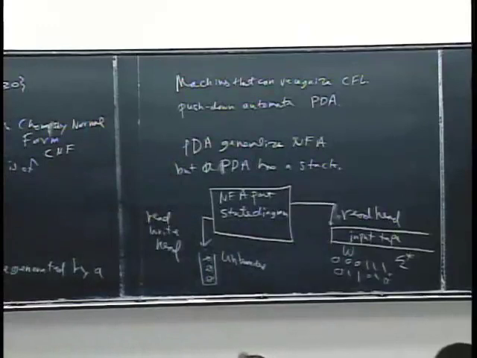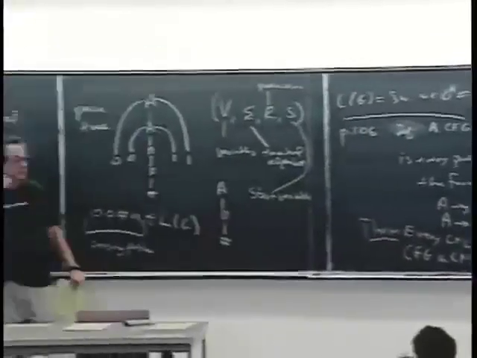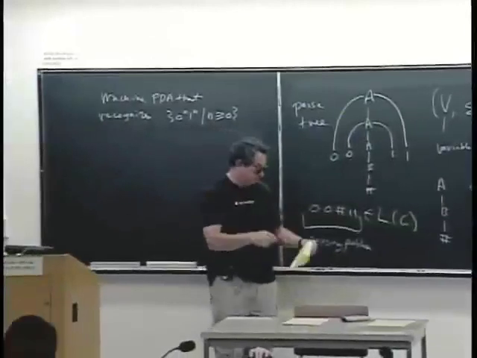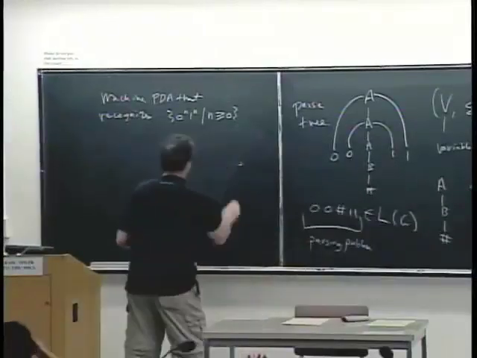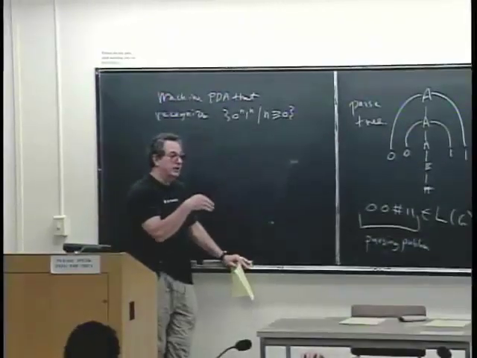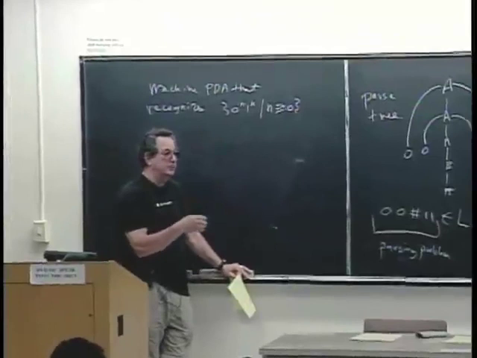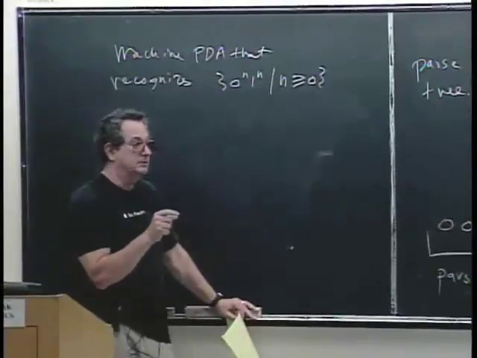Okay, but the idea basically was right, that you can use that stack to remember the zeros, and then when you get into the 1s, you can pop the stack and therefore compare the number of 1s. Every time you see a 1, you pop the stack, and therefore, in the end, you're comparing the number of 1s and zeros. You're not ever remembering the number n.